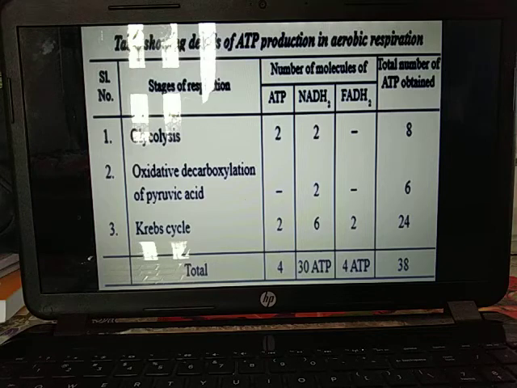Amino acids enter the Krebs cycle directly as glutamate, that is for alpha ketoglutarate, and aspartate for oxaloacetate after their deamination. Now fat produces fatty acid and glycerol. Glycerol is phosphorylated and oxidized to form acetyl coenzyme A to enter the Krebs cycle.